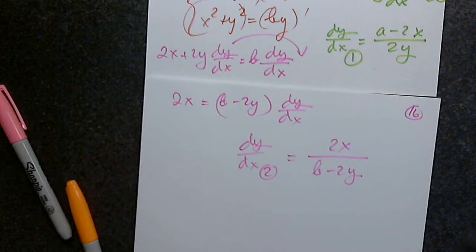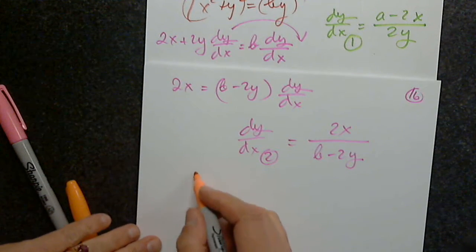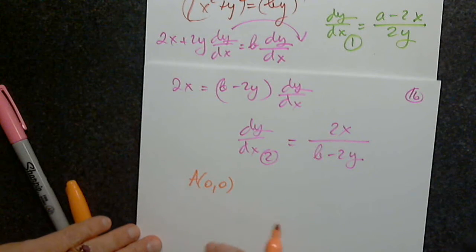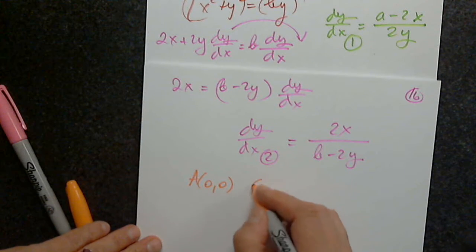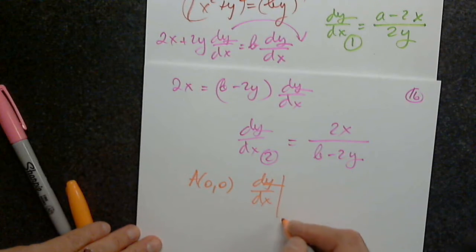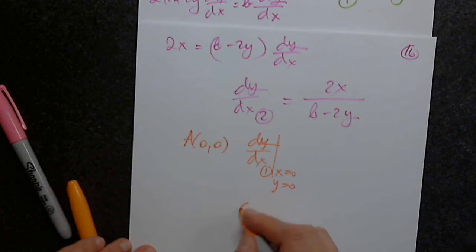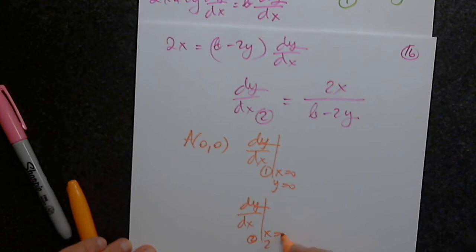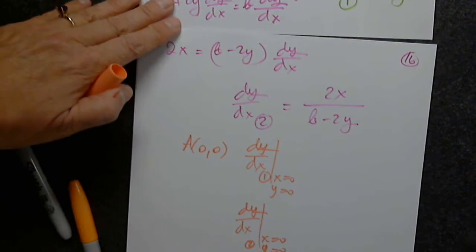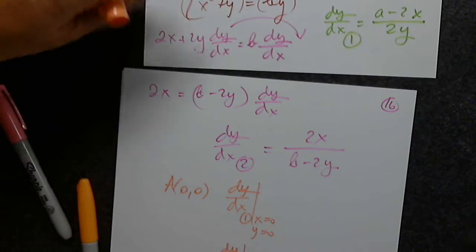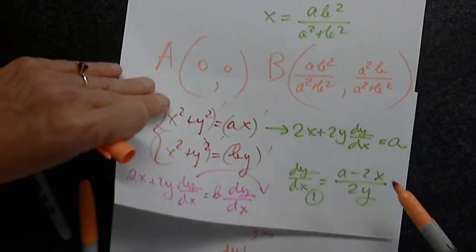Yes? Okay, perfect. So then I have 0, 0. The point 0, 0. Let's find dy over dx when x is 0 and y is 0 for the first curve. And then for the second curve when x is 0 and y is 0. Okay. So here I'm in trouble.